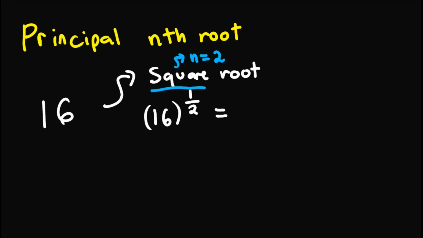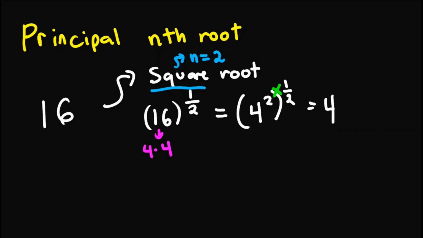Note that 16 is equal to 4 times 4. So we can write this one as 4 squared raised to 1/2. Multiplying the exponents, we'll have 4 raised to 2 over 2, or simply 4 raised to 1, or 4. So the square root of 16 is 4.